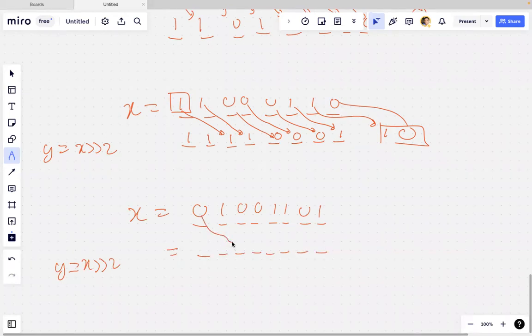This 0 comes to here. Bits shift, 2 bits shift. Here 1. Here 0. 0 1 1 0 1. 0 and 1 are out of bound. Okay, now you know this is a positive value, 0. Therefore, the missing bits should be filled by 0.